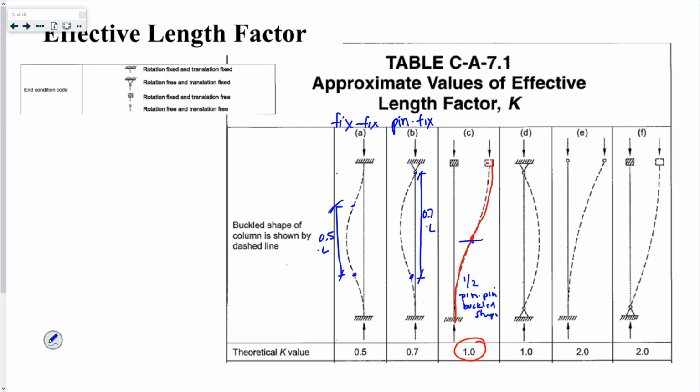Half plus half is 1. And then here's your pin. That's your traditional Euler buckling load. So it's 1.